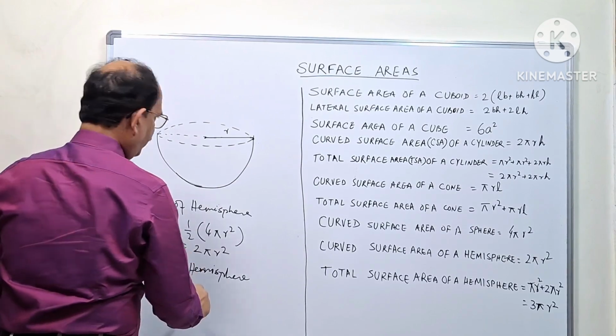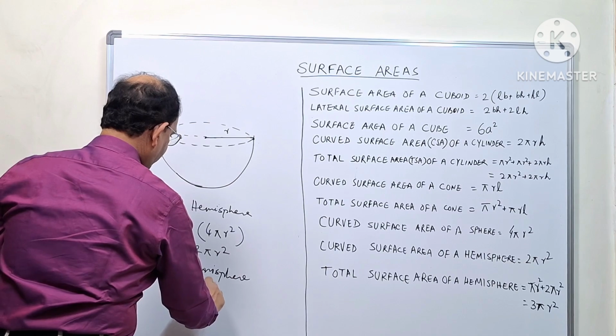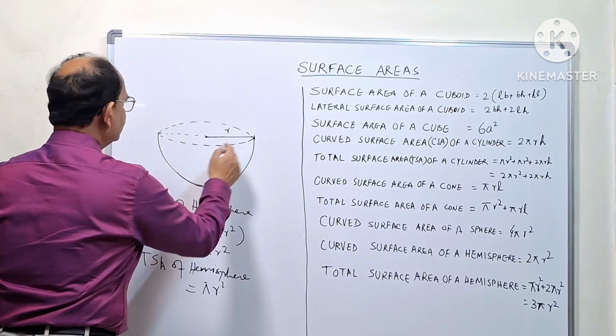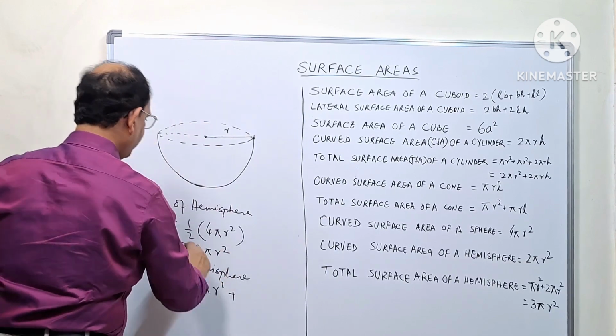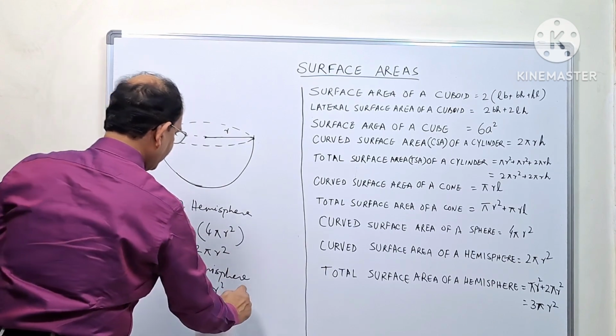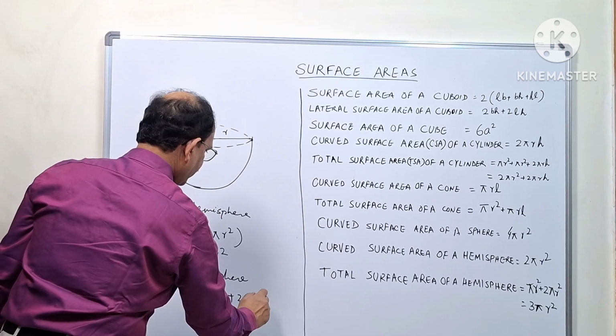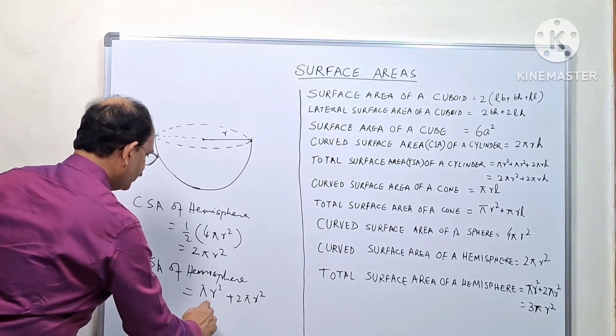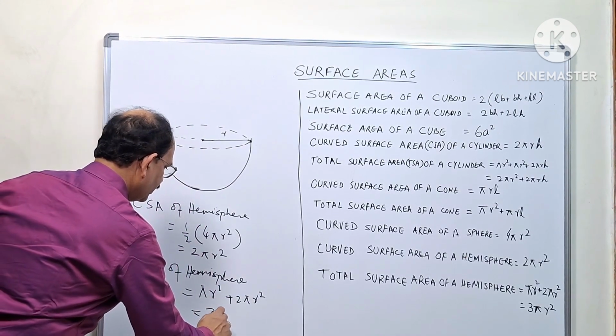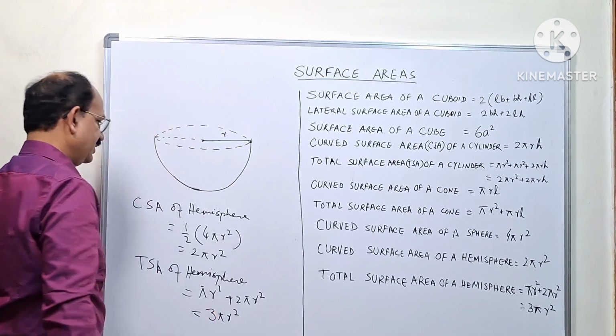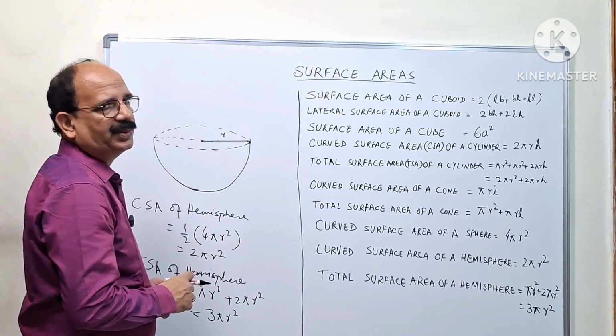So then you will have to add pi r square for this circular part, and then you have the curved surface area of 2 pi r square, and therefore the total surface area of the hemisphere becomes 3 pi r square.